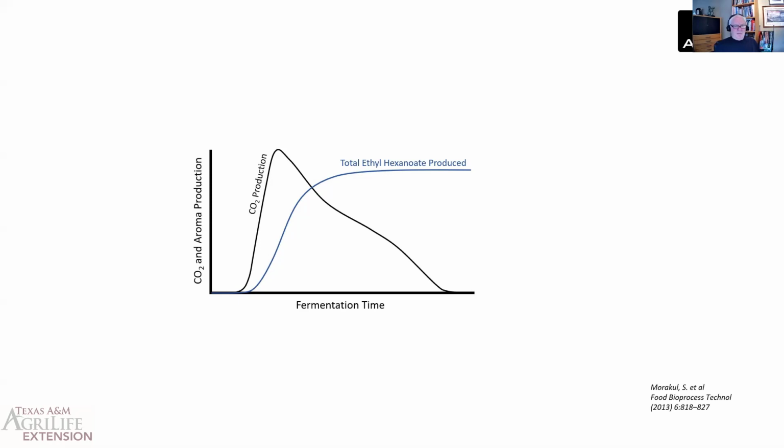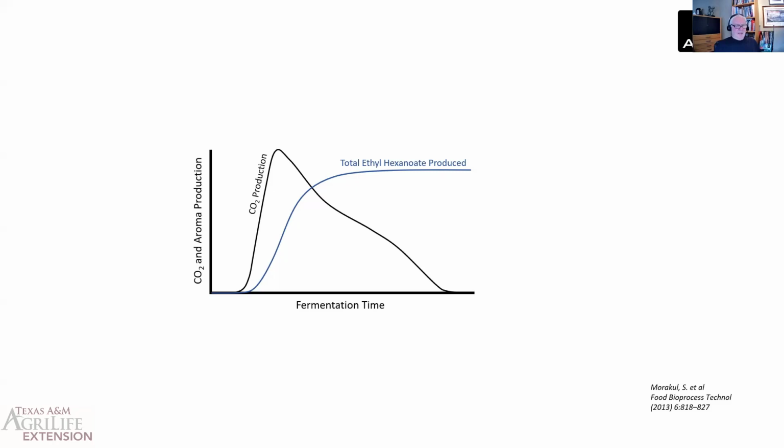Ethyl hexanoate, for instance, starts being produced just after the appearance of carbon dioxide. And the reason it's delayed is because we have to have some ethanol in order to combine it with the hexanoic acid. We need those two things before we can get ethyl hexanoate. So we need some ethanol around.